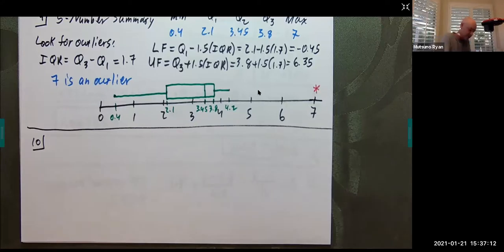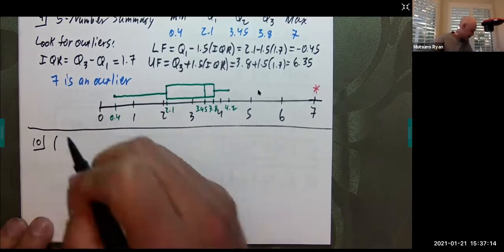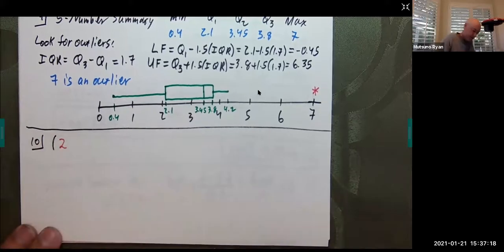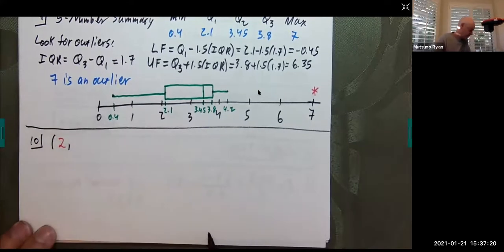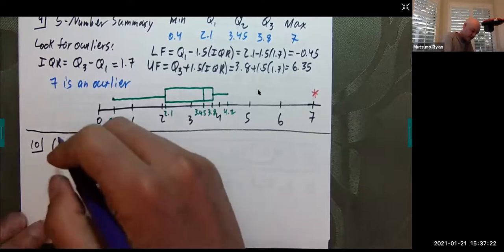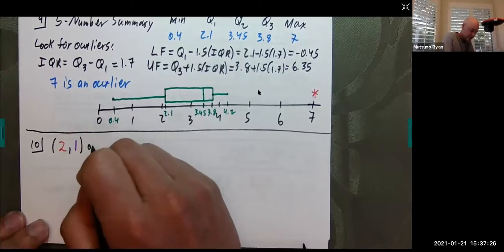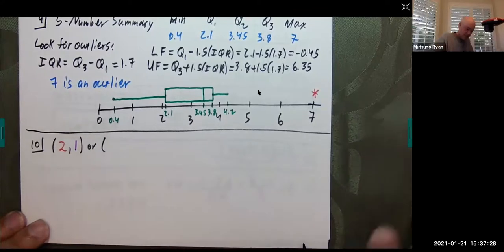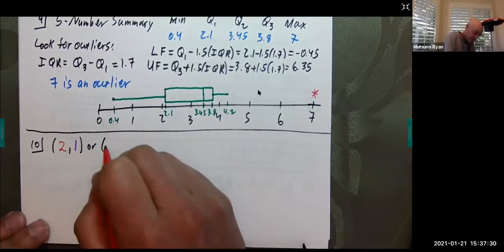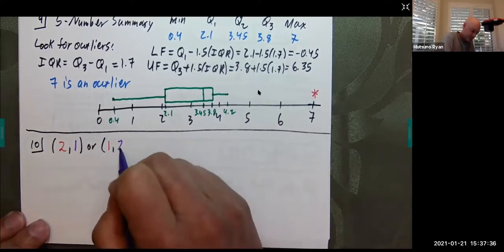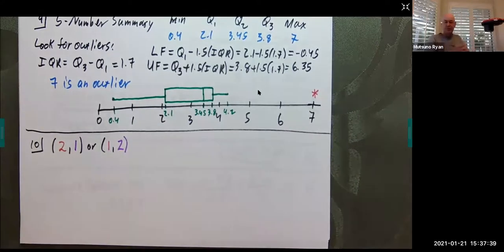Now let's write out how many ways we can have a 3. We can have a 2 and a 1, or we can have a 1, 2. So there's only 2 ways to get a 3.